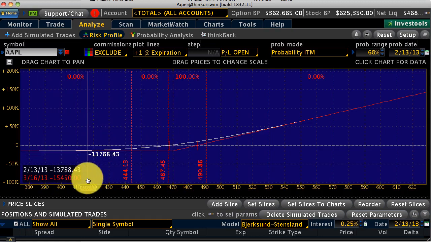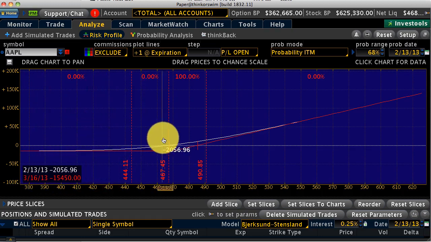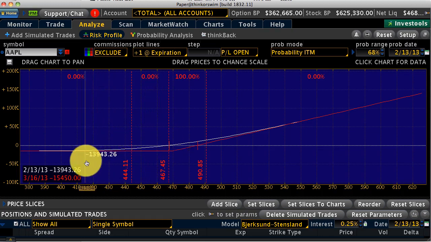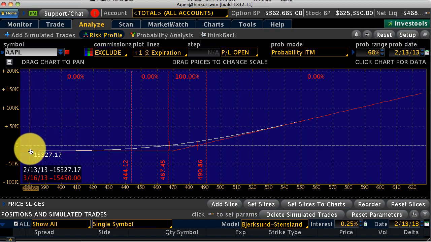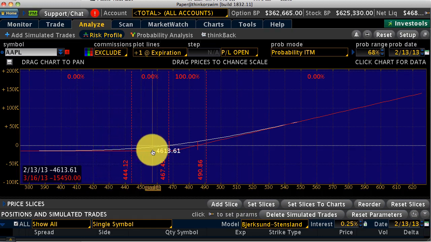You can see this red number here. On March 16th, which is 30 days away, the maximum that this position can lose is the negative 15,450. It doesn't matter if Apple goes to 430. It doesn't matter if it goes to 400 or 300 or 200. It doesn't matter. Your maximum loss on this position is going to be 15,450.